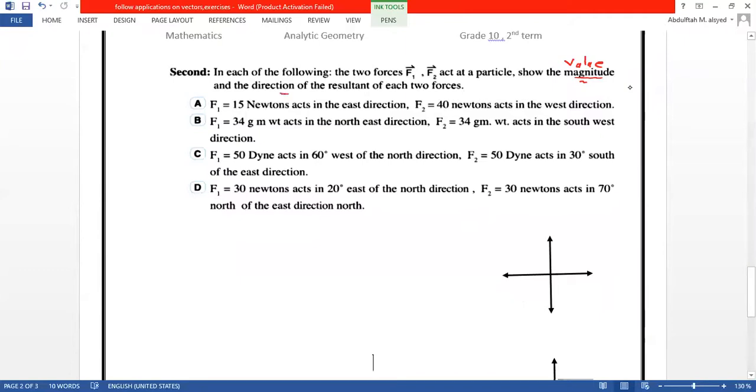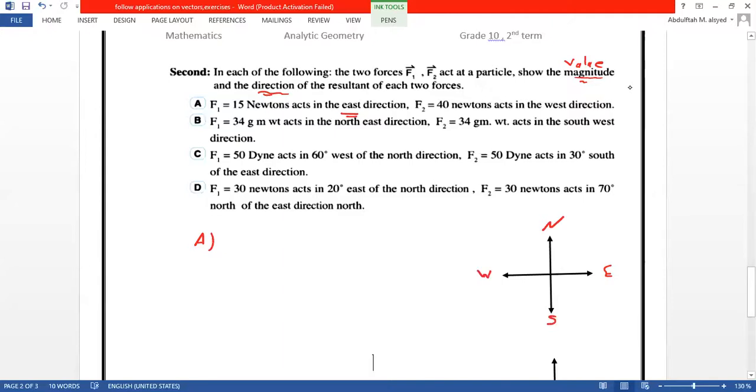and the direction of the resultant force. So the first question, he says that F1 is 15 Newton and acts in the east direction. So this is east, north, west, south.